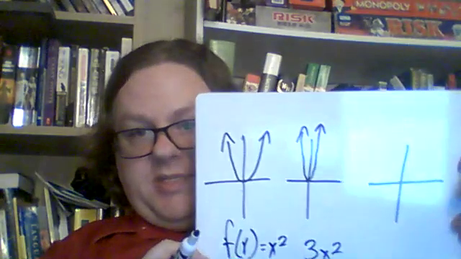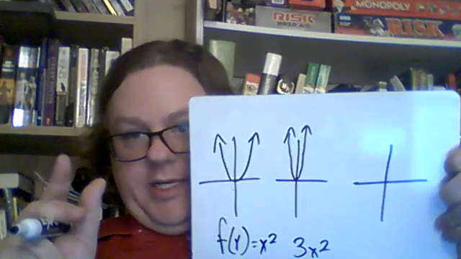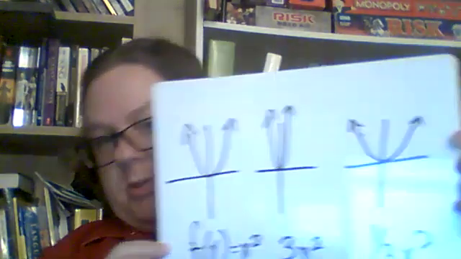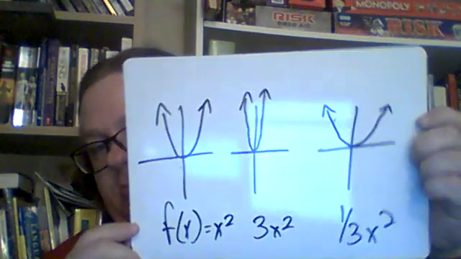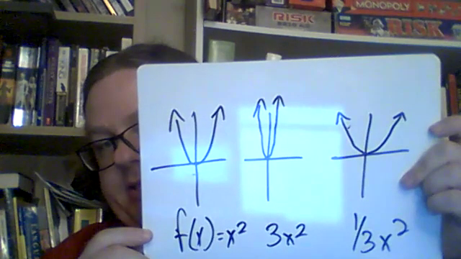If I go 3x squared, it's going to narrow the graph. It's going to shrink it in. If I go 1/3 x squared, it's going to spread it out. See that?